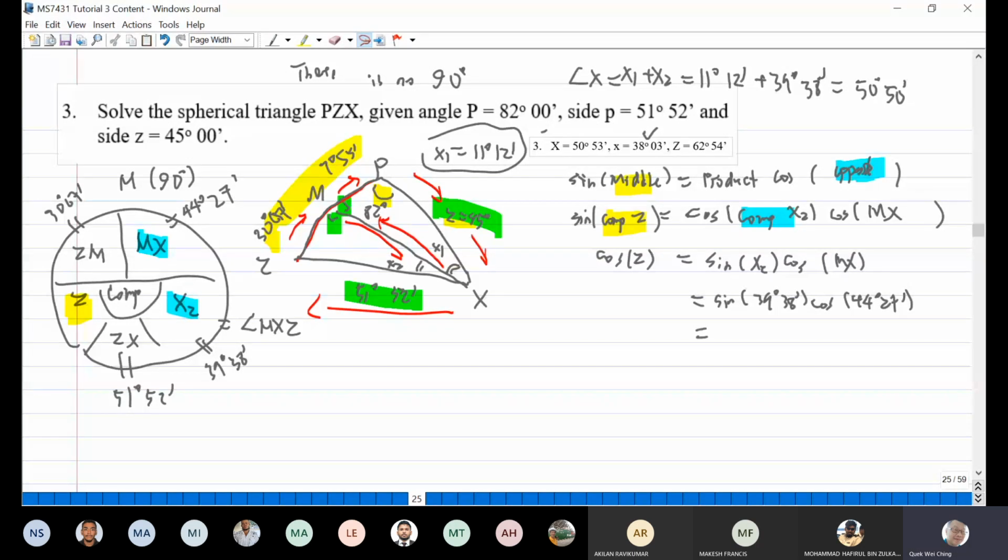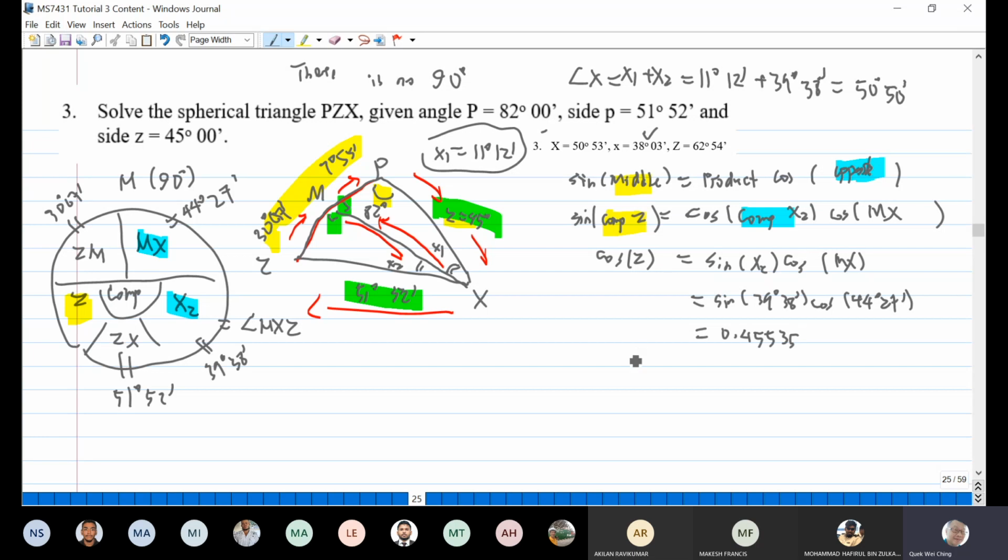So sine 39 degrees 38 minutes, then cosine 44 degrees 27 minutes, and you get 0.4554.